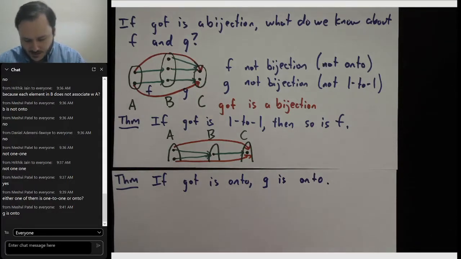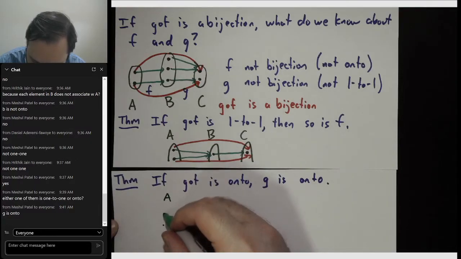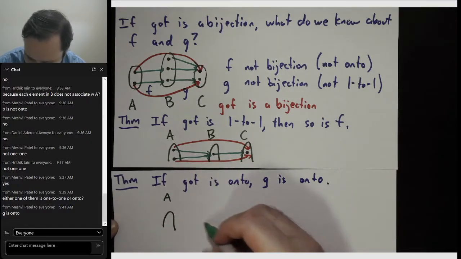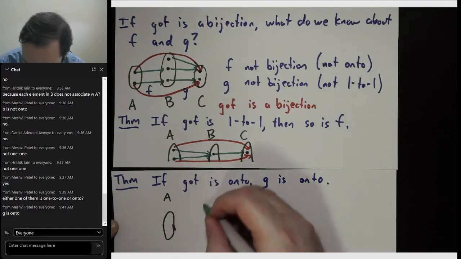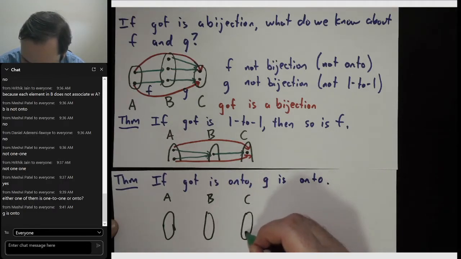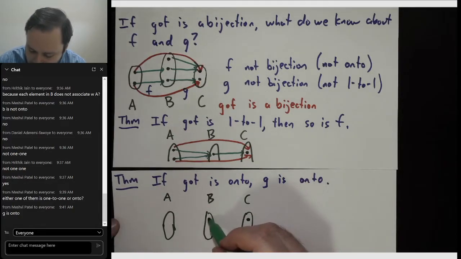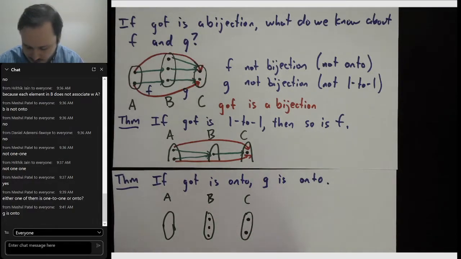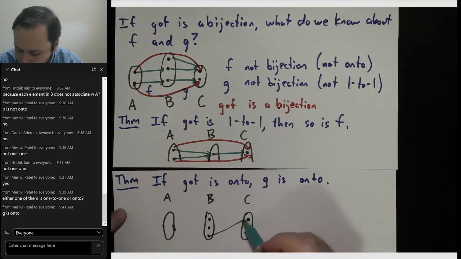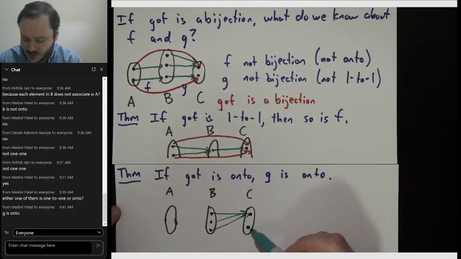Because I don't care what happens over here in A. If there's some element in C that nothing in B points to, that means there's no way that G composed with F is going to give me this value.